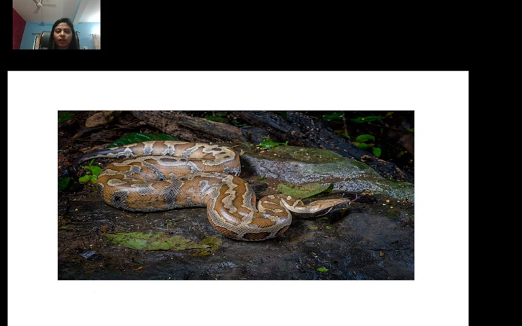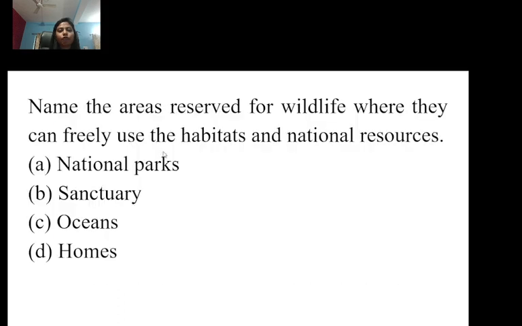Name the areas reserved for wildlife where they can freely use the habitat and natural resources. National parks, sanctuary, oceans, homes.